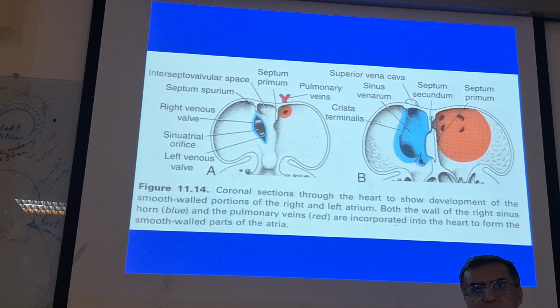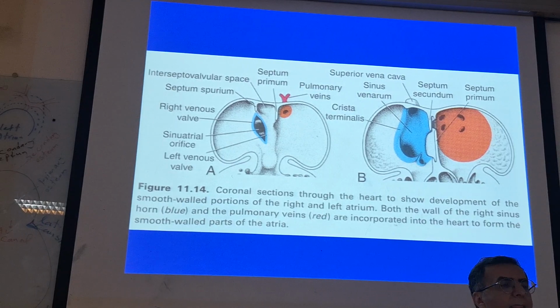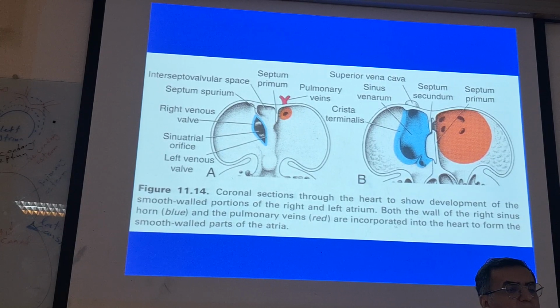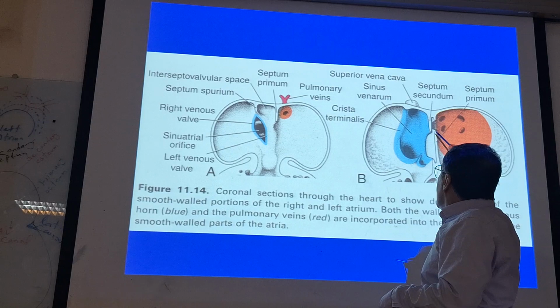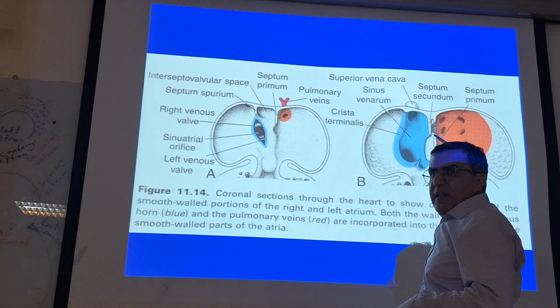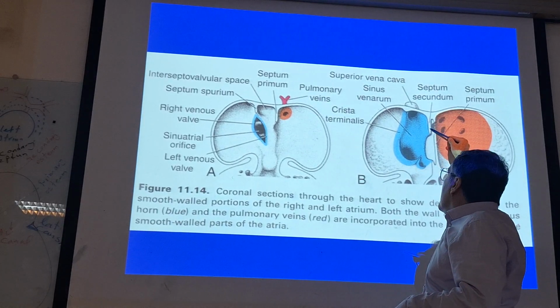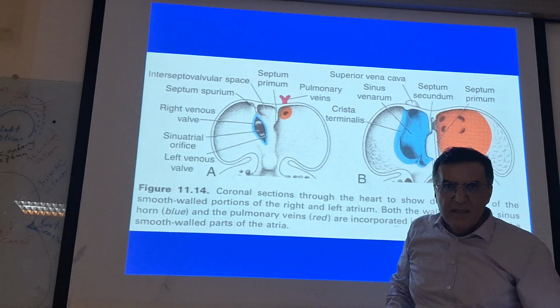Ostium means opening. Is it clear? Okay. Septum is wall-like, but here is an opening. We have one septum secundum, one ostium secundum. Here the ostium secundum is the opening. Here is the septum secundum. Is it clear?